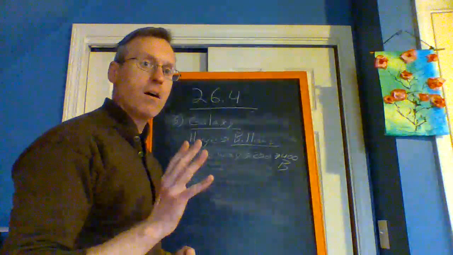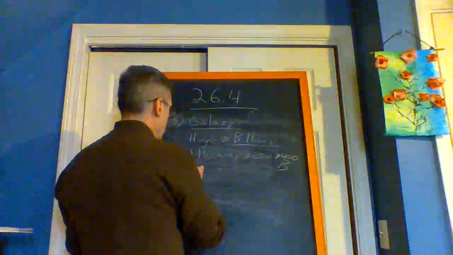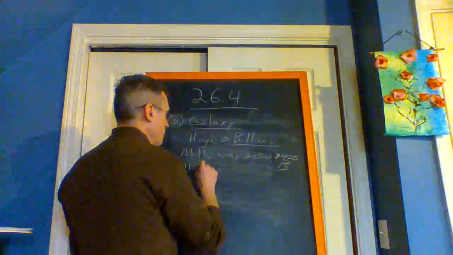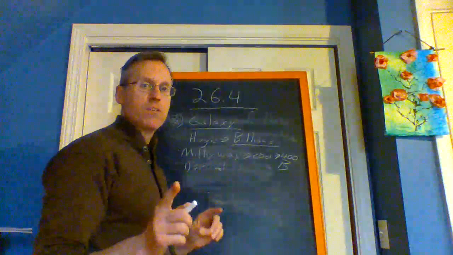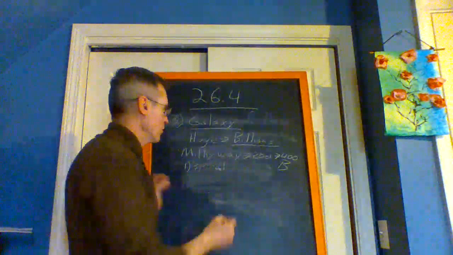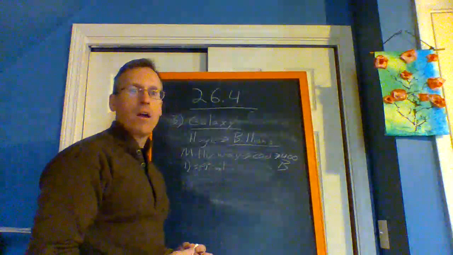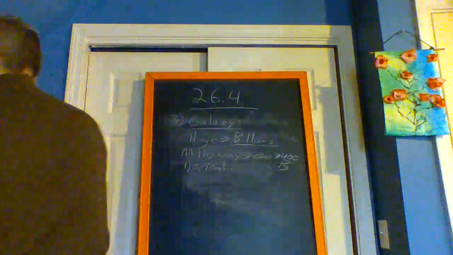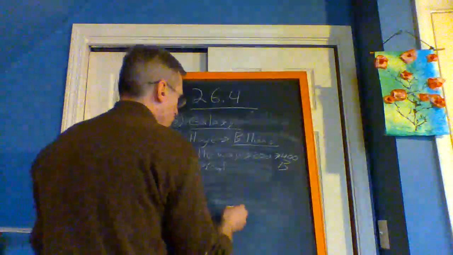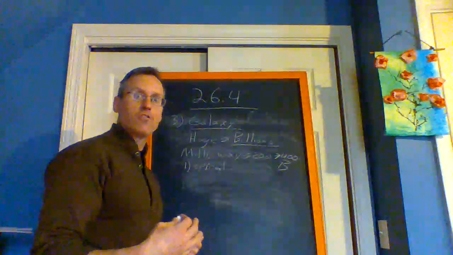There are different types of galaxies. The kind that we come from, the first kind, is called a spiral. Again, I want you to make sure you take a look at the PowerPoint so you can see the pictures of this. A spiral is kind of what it sounds like. It's shaped like a giant pinwheel.